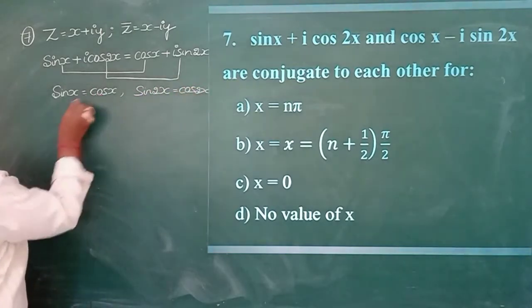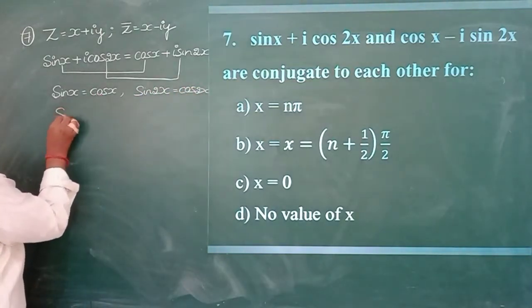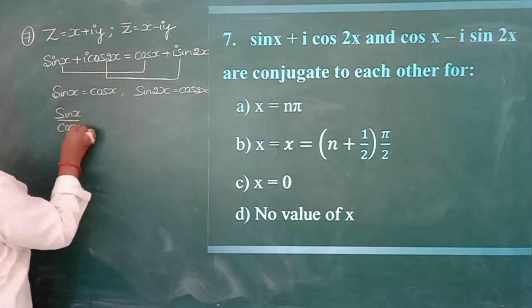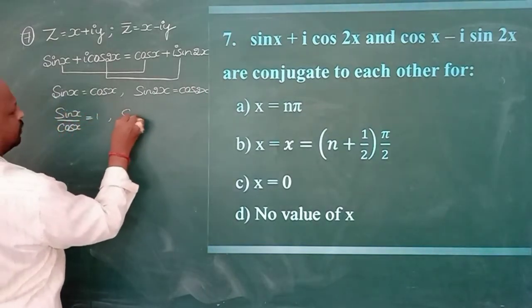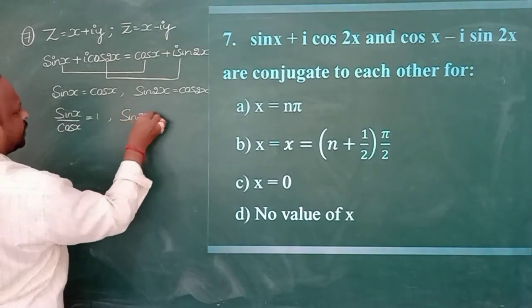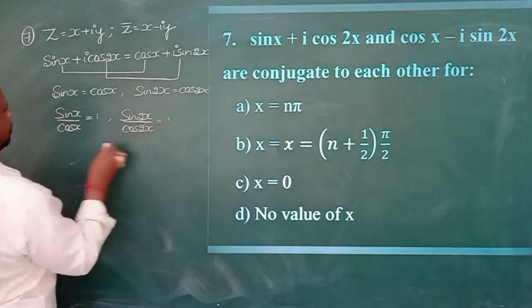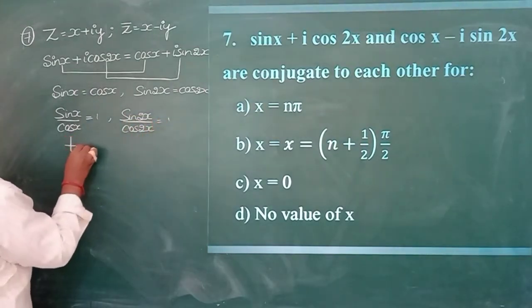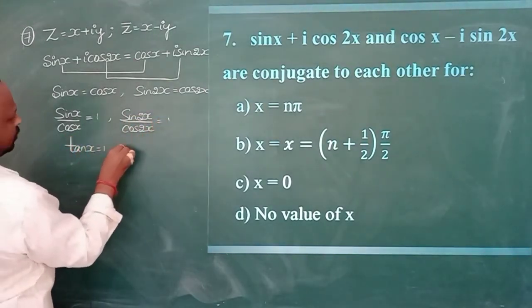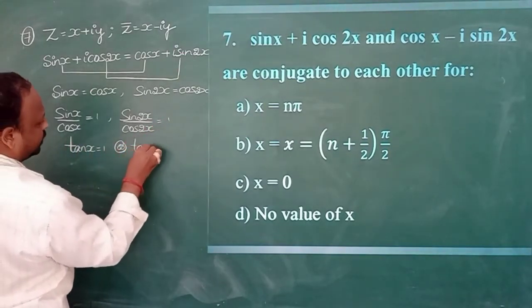So divide: sin x by cos x is equal to 1, sin 2x by cos 2x is equal to 1. So tan x is equal to 1 or tan 2x is equal to 1.